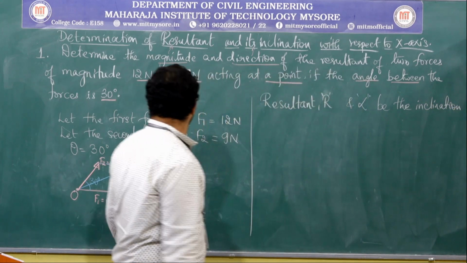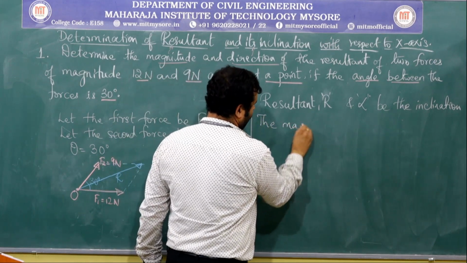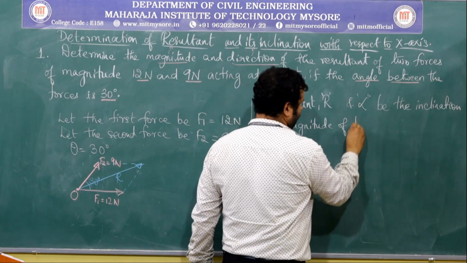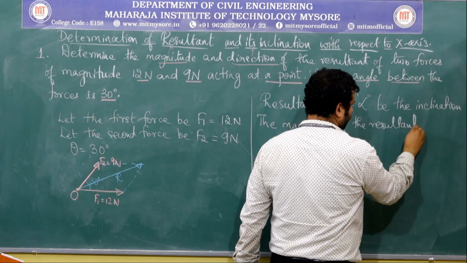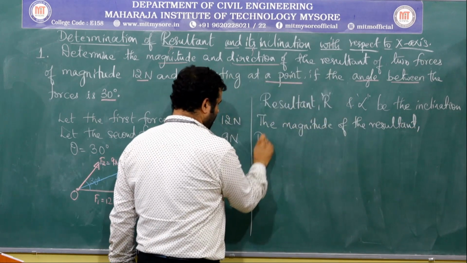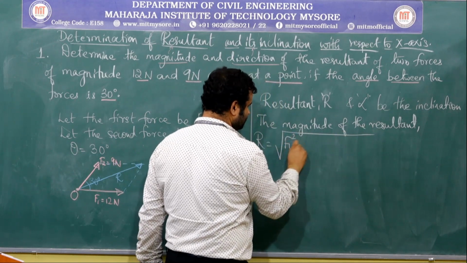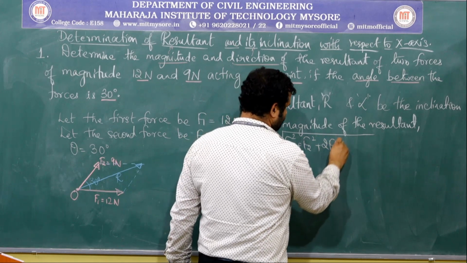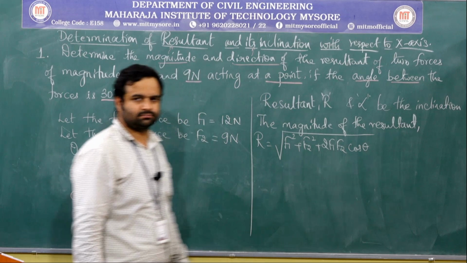Now, the magnitude of the resultant is given by R is equal to square root of F1 square plus F2 square plus 2 F1 F2 cos theta.